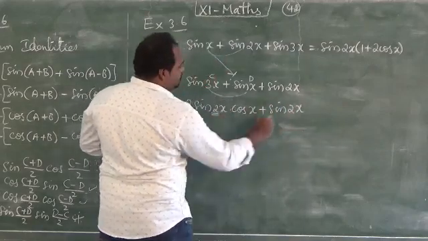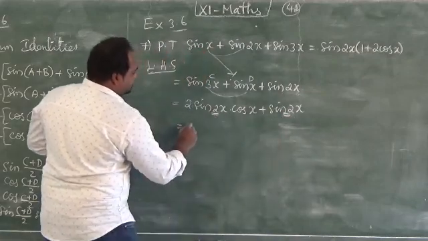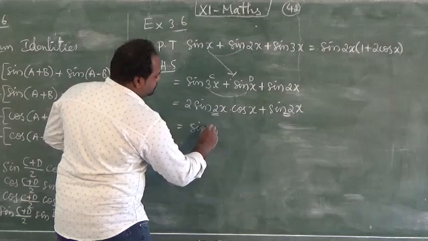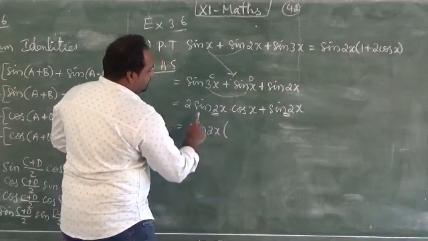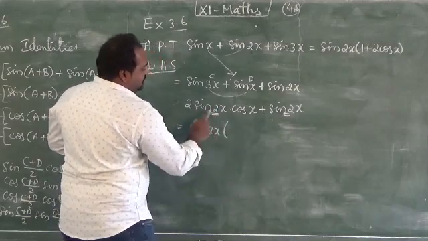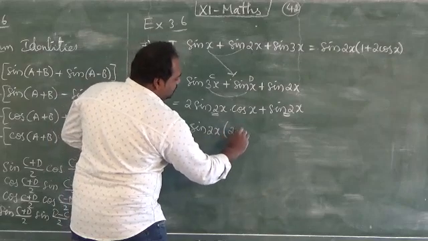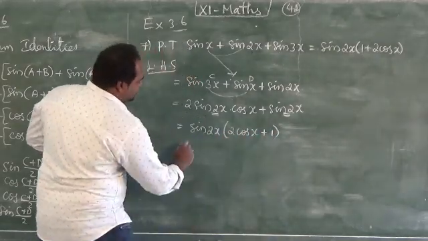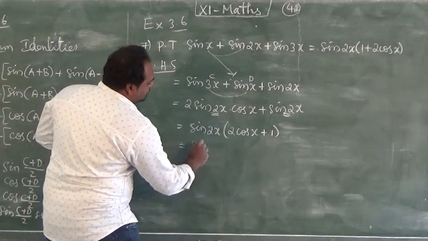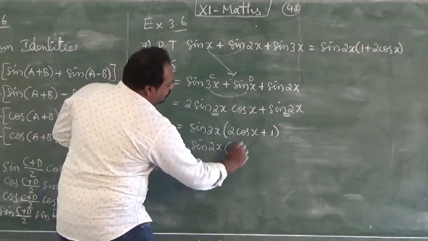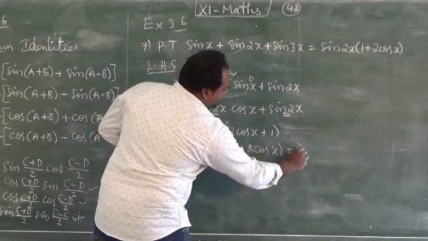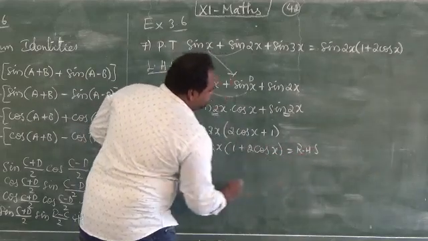Here we have a sin 2x, we have sin 2x. If you take sin 2x commonly outside, you will get the answer. I have taken this outside, remaining 2 cos x plus 1. So sin 2x into (1 plus 2 cos x), which is the RHS side, hence proved.